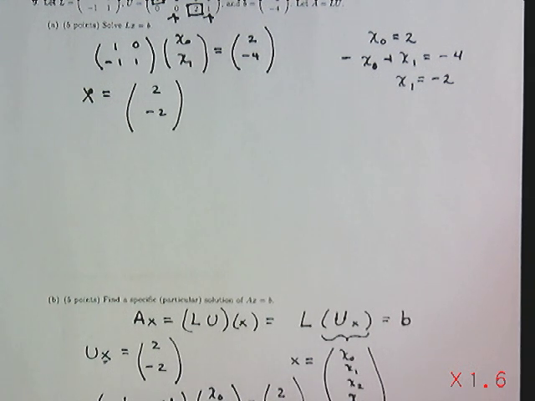Well, we know that that means that 2 chi2 must be equal to -2, which means that chi2 must be -1. But then also chi0 minus chi2 has to be equal to +2.